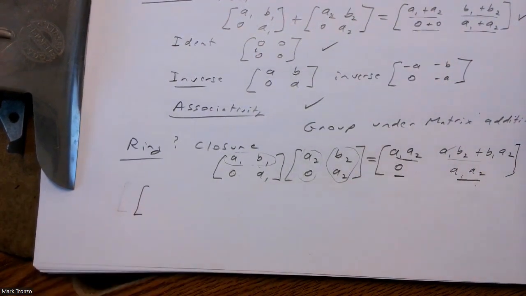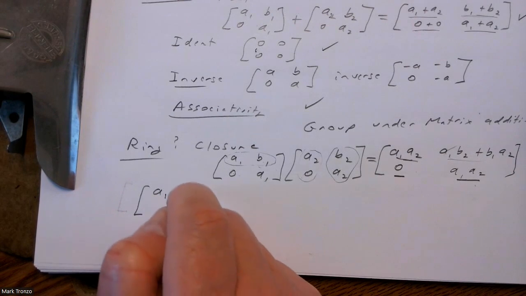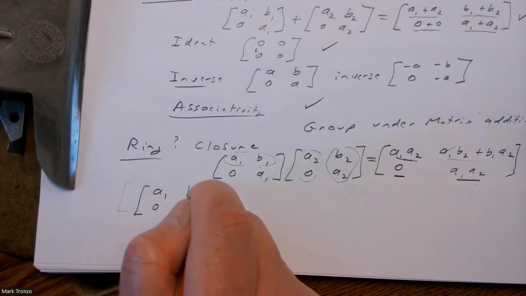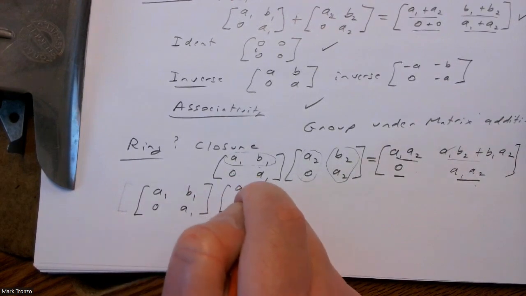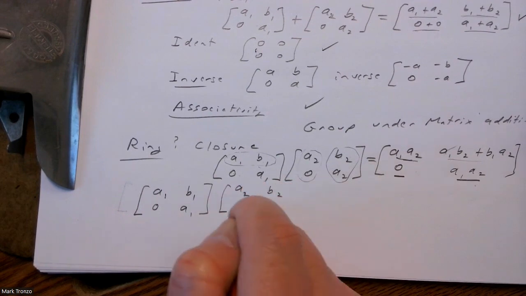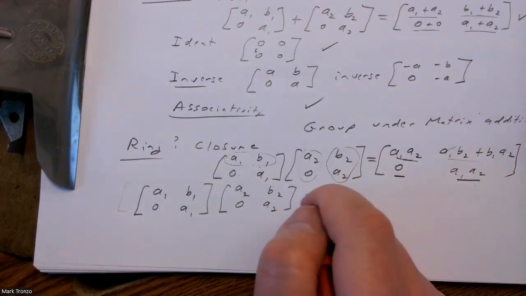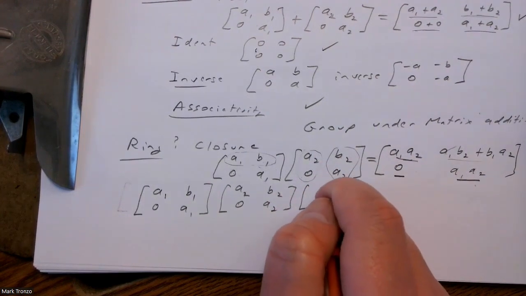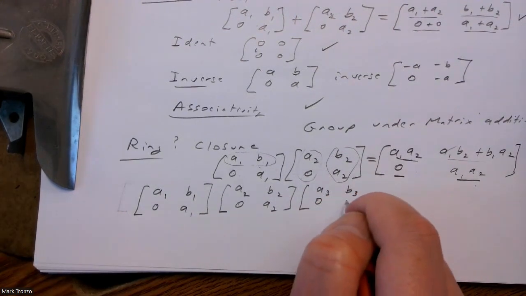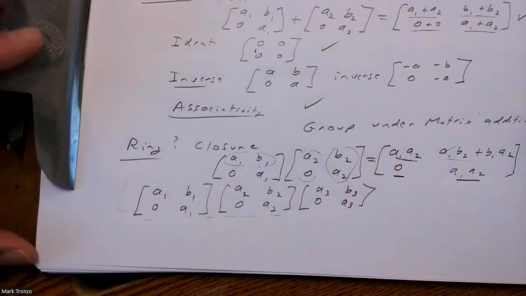So let's see if we were to do A1, B1, 0, A1, and A2, B2, 0, A2. If we were to multiply these two together and then multiply this, so let's say we multiply these two together first, which we did up here.